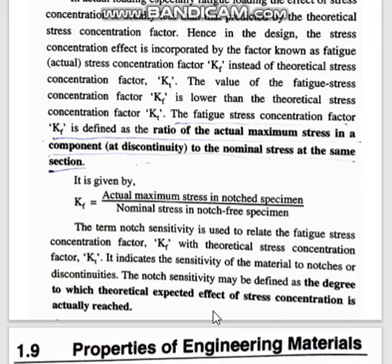To the predicted one, to what degree or what closeness to KT did this KF come? This notch sensitivity defines that. Here you need to know this much only. These terms KT, KF and notch sensitivity, we'll study only from the point of view of knowing the terms, just theoretically. We are not going to use them in solving any problem.